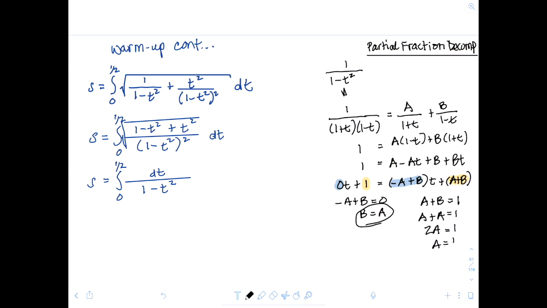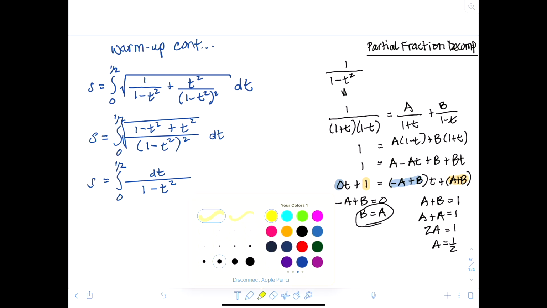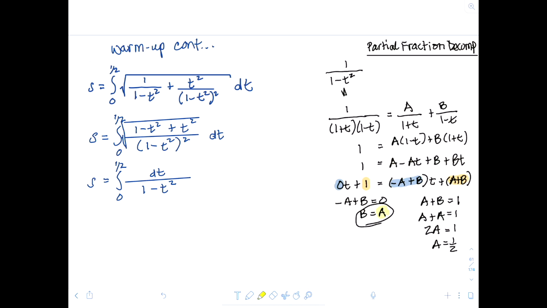So A is 1/2. Cool? So here I found out that B was equal to A, so I substituted that in and solved that system of equations. So if A is 1/2, continuing, then that means B is also 1/2. Good so far?